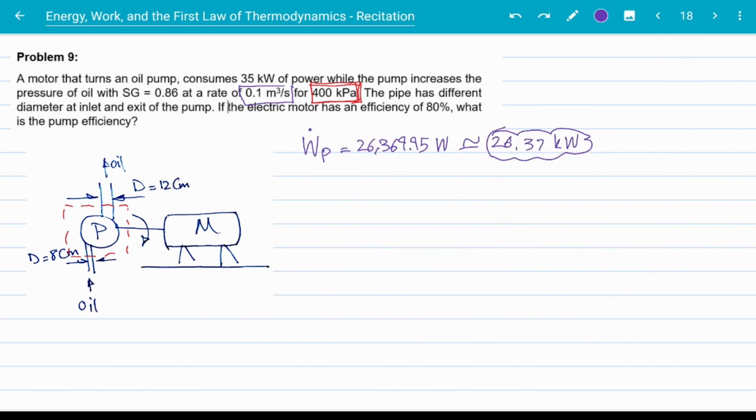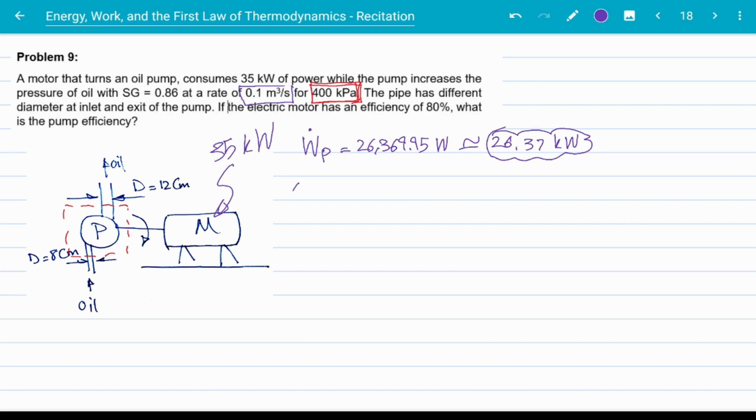So I just moved up the power of the pump, the one that we calculated, and cleared the calculation area so we can continue with the problem. We are going to find the efficiency of the pump. The motor that is powering the pump is getting 35 kilowatts of power from the electric grid, and it's delivering some power to the pump. We need to first calculate that in order to find the pump efficiency.